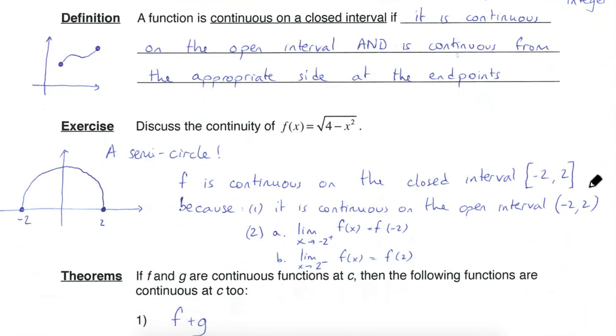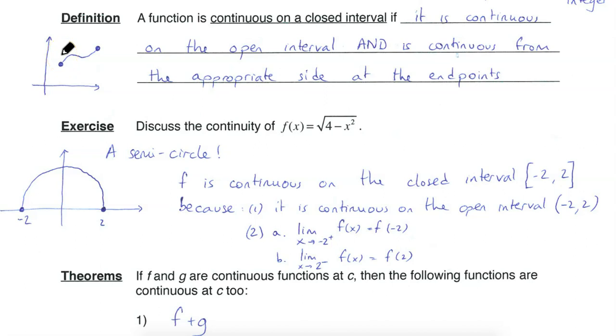Now, what's the difference with a closed interval? We said earlier that a function was continuous on an open interval if the limit existed for each point. This is still true for the closed interval. However, we have two little problems, and these two little problems are the endpoints. Why? Because when we focus on, let's say, this endpoint here in this example, I can't talk about the limit from the left. And normally when we just say limit, we mean the limit from the left and right together.